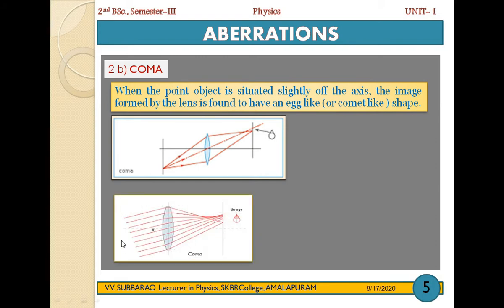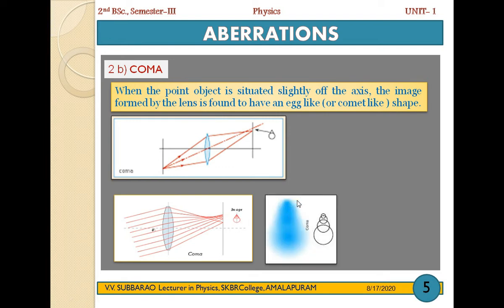The light rays from a point object placed off the axis are allowed to be incident on the lens. Then these light rays will be focused to different points on the screen, and the final image looks like a comet. In this diagram, we can see the point where the image should be formed, and this is the tail of the image.